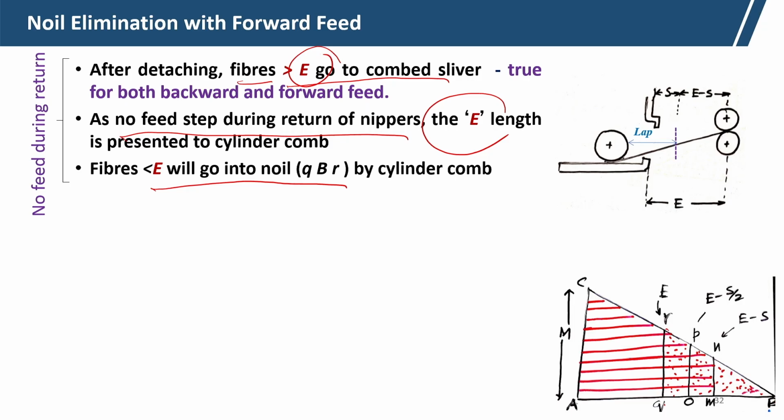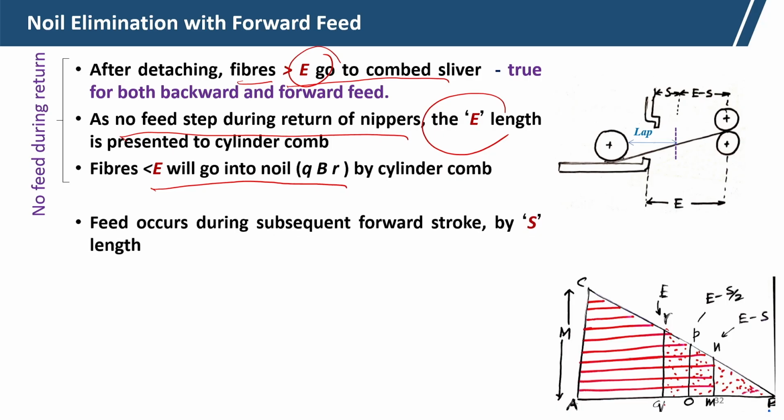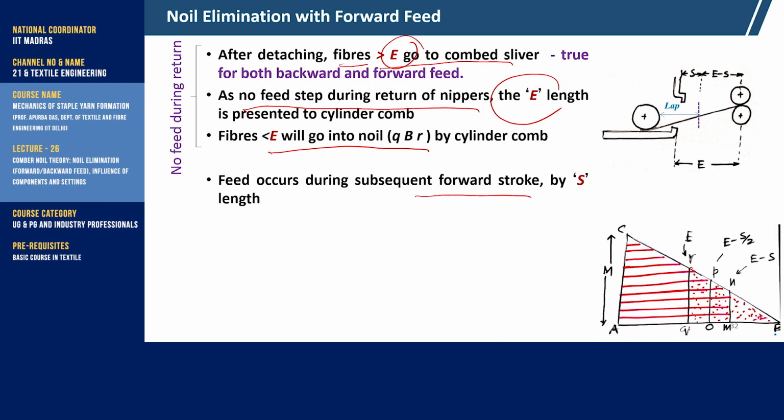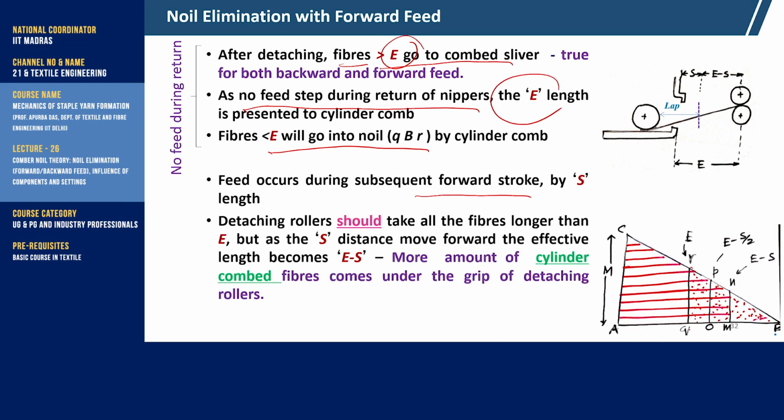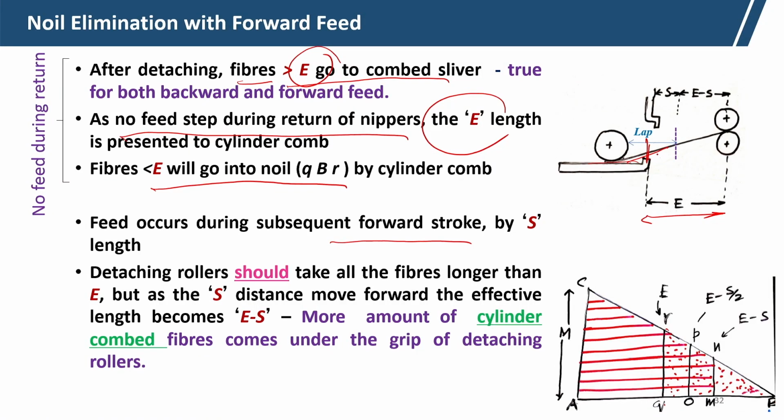Now, during the forward motion, feed occurs during the subsequent forward stroke by S. S is the feed length. Now, what happened? Feeding has taken place. So, this is the lap and here the total length is E, and whatever fibers were there, that is E, and S is the extra lap fed.